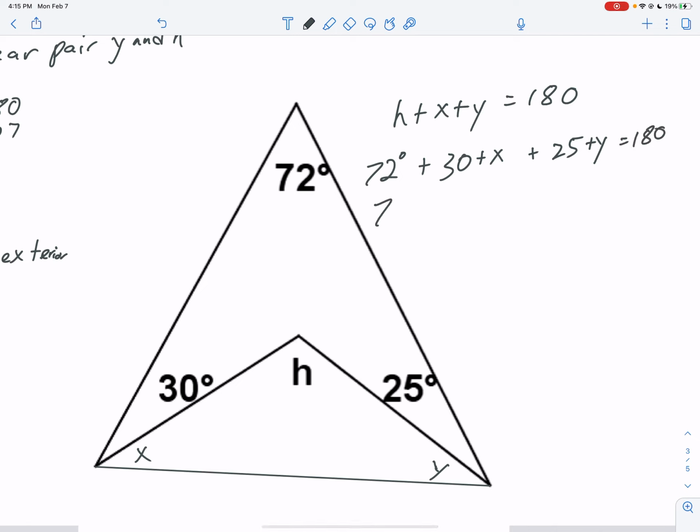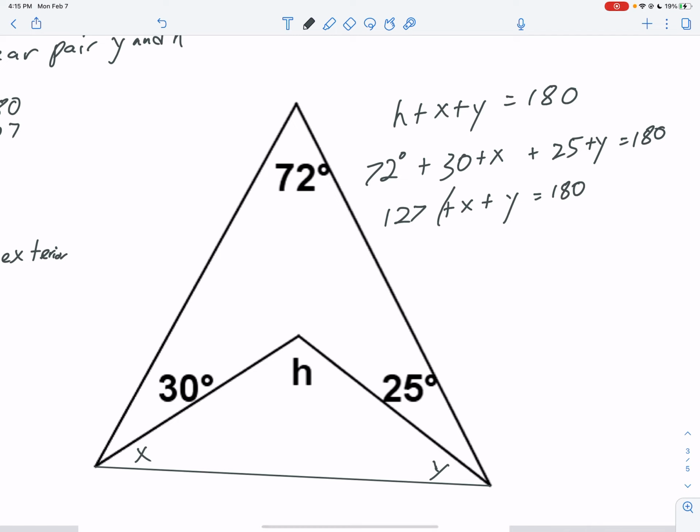So she said 72, 102 plus x plus y. 127 plus x plus y equals 180, right?